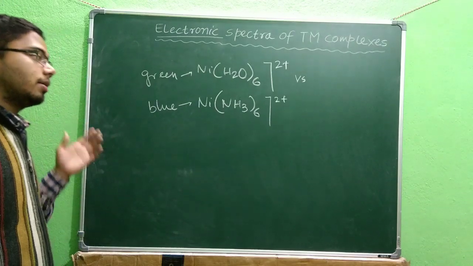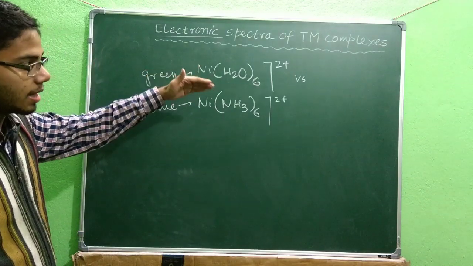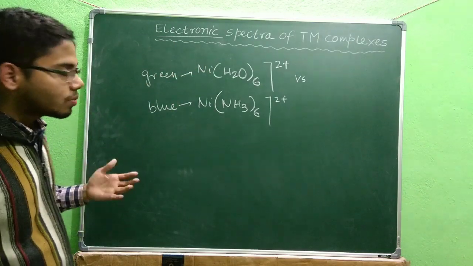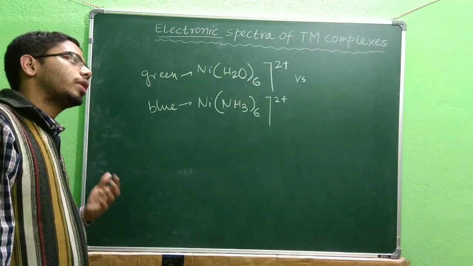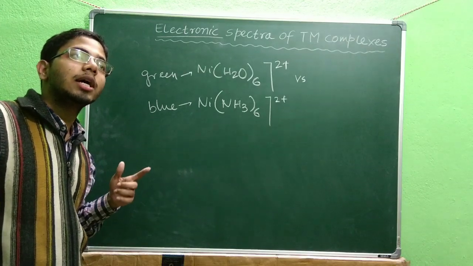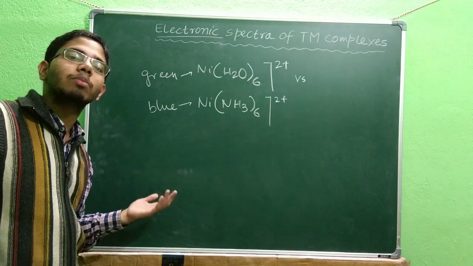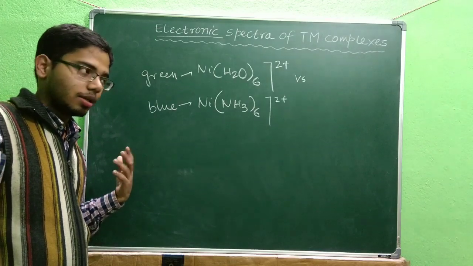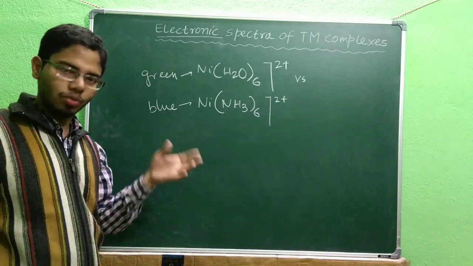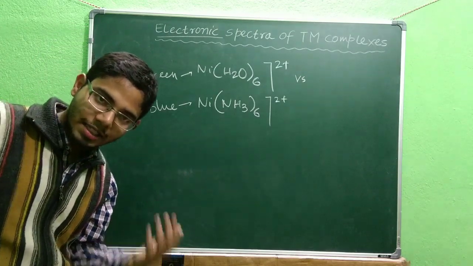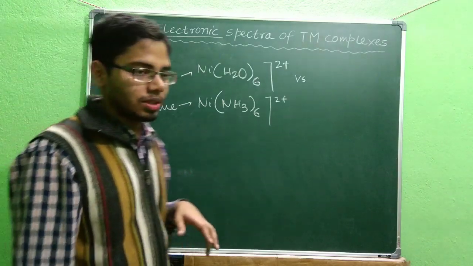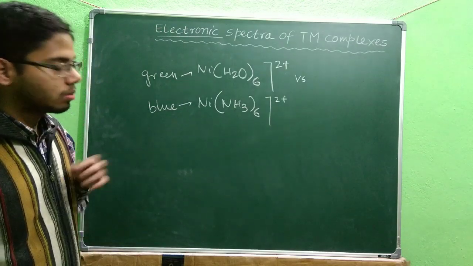So let's come to the point. It is the ligand which dictates the color of the complex. That's why it is called ligand field spectra. When you see the ligand field spectra, it should be kept in your mind that the metal d orbitals get some sort of arrangement when the ligand approaches a naked metal ion. I am assuming that you know the very basics of coordination chemistry, and I am not going into details.